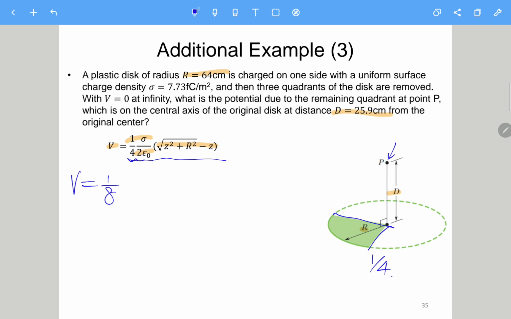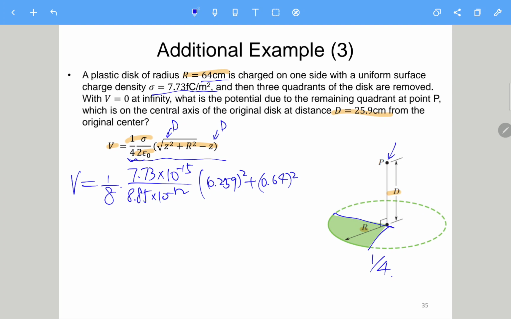So you only substitute the number. 4 times 2 is 8. Epsilon naught is 8.85 times 10 to the minus 12, and then sigma is this one, 7.73 times 10 to the minus 15, and then Z here is capital D. So we have 0.259 squared plus R, which is 64 centimeters, 0.64 squared, take the square root, and then minus 0.259.